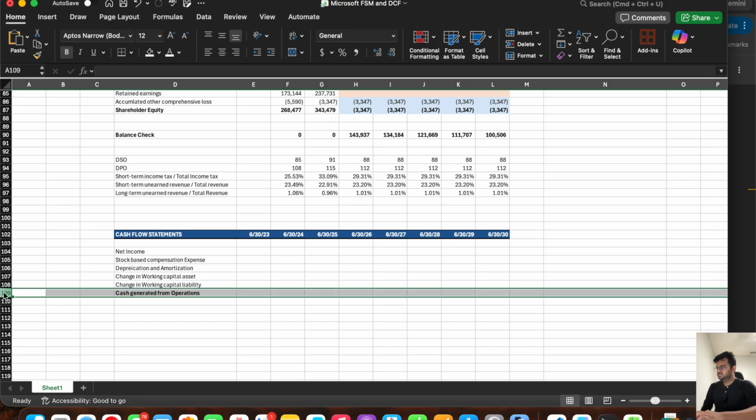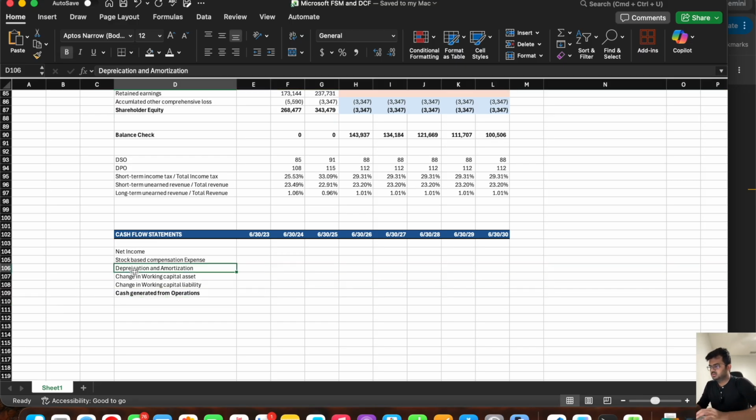So this is the first section of our cash flow statement.